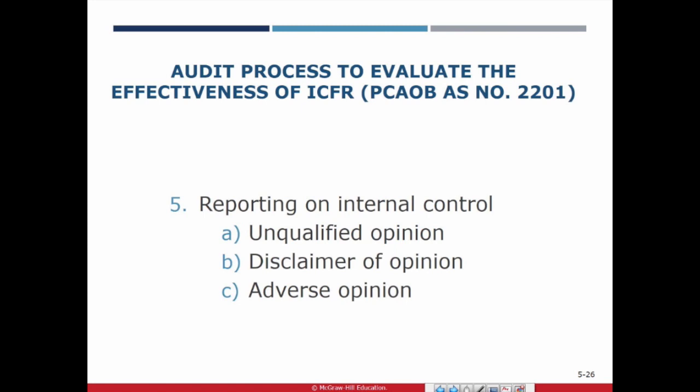We were hired to do this, but for whatever reason they couldn't evaluate internal controls, so they can't say whether it's effective or not. And then an adverse opinion is what we just saw: the controls are not effective to prevent or detect. It was a material weakness, and so that results in an adverse opinion.